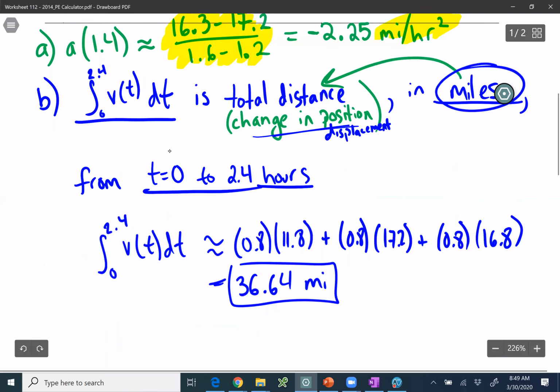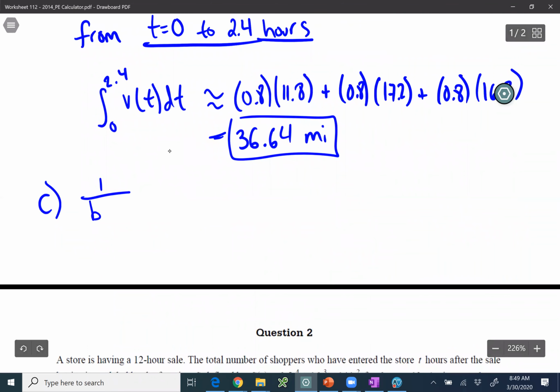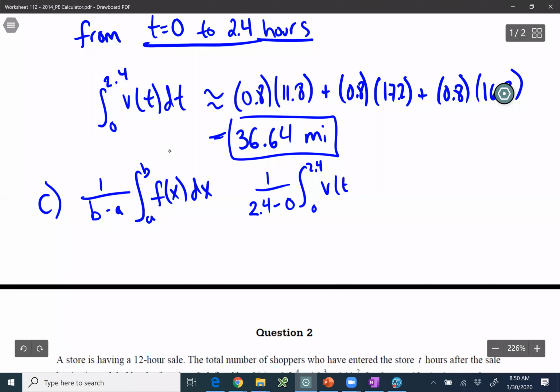So average velocity is 1 over b minus a integral from a to b of f of x dx. And so if we're doing average velocity, then it's going to be 1 over, our interval here is 2.4 minus 0, integral from 0 to 2.4 of the velocity dt.